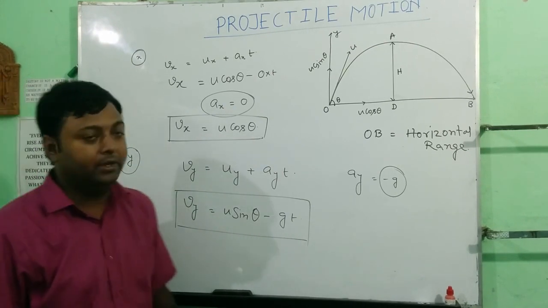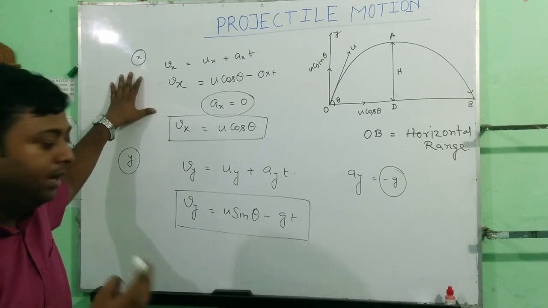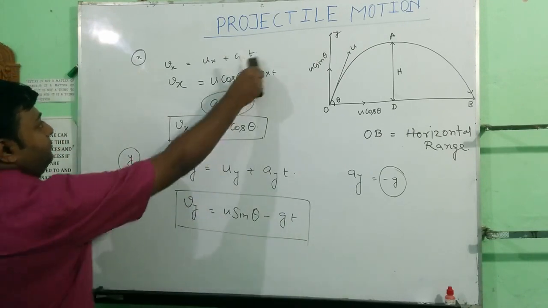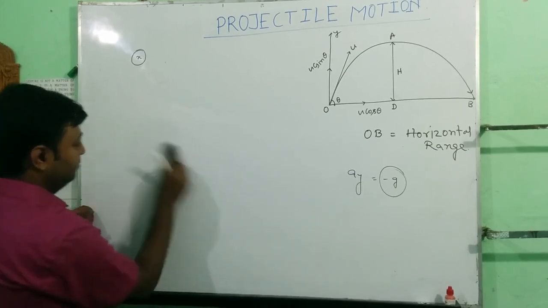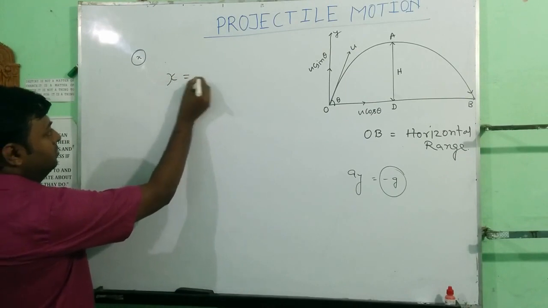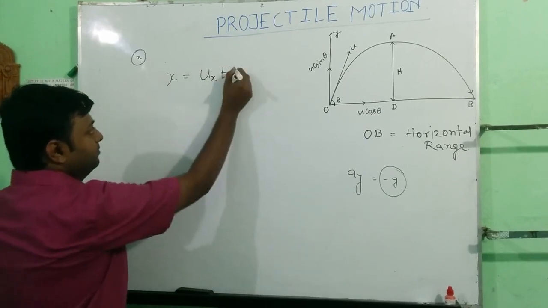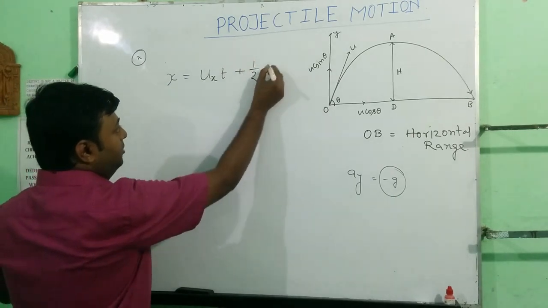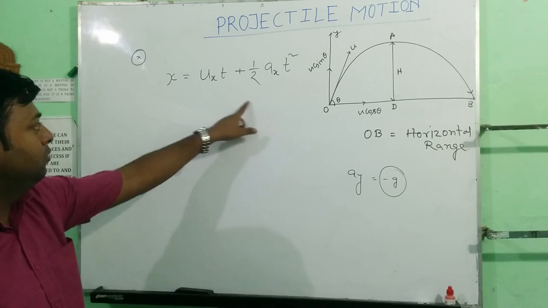Now we study the displacement along the x direction and along the y direction. That is x equals ux t plus half ax t square. This is the formula.